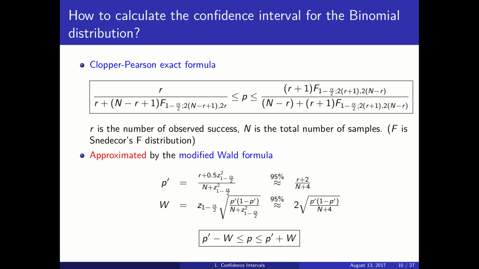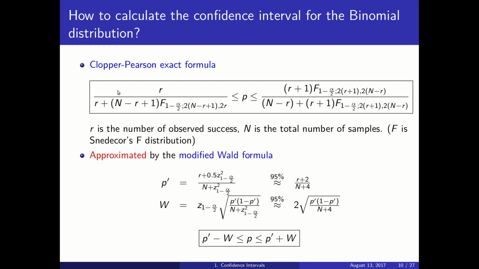Okay, so I mentioned the formulas to construct these confidence intervals, and you see that we have everything. R is the number of successes, so these 31 newborns that survived.